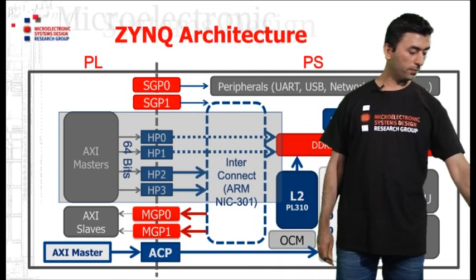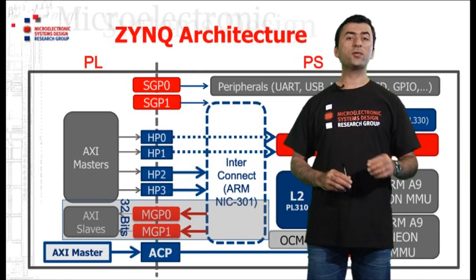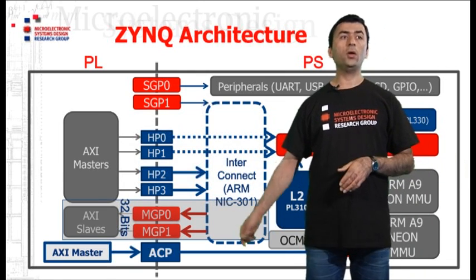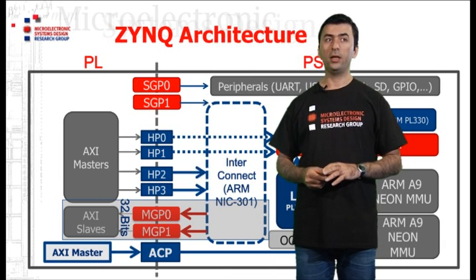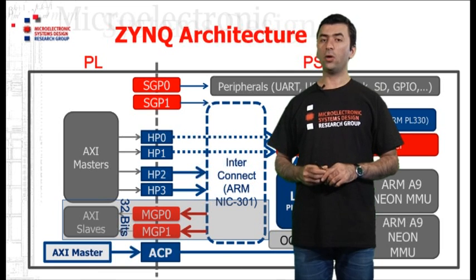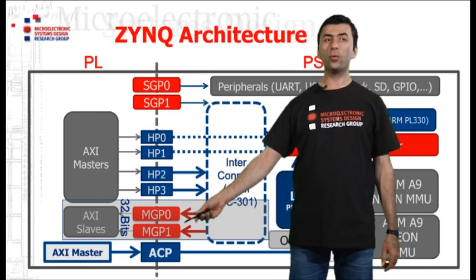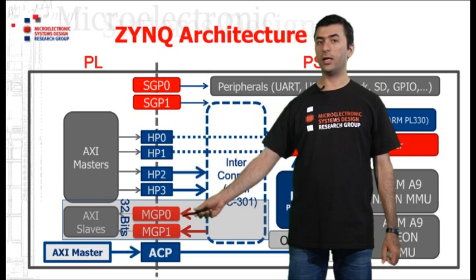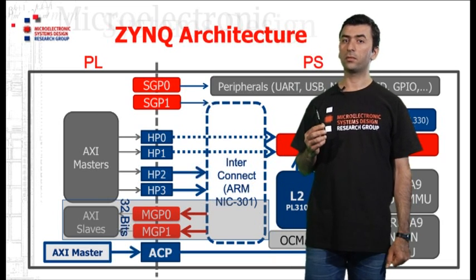Then, we have these two AXI master ports. They are called MGP0 and MGP1. The width of each of the ports is 32 bits. And these ports are very important because they are the only master ports of the PS.